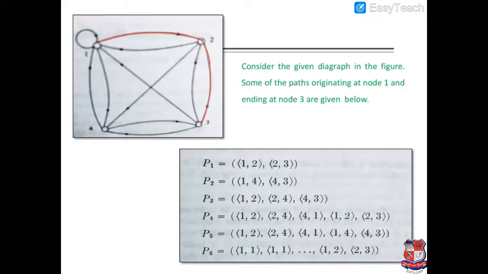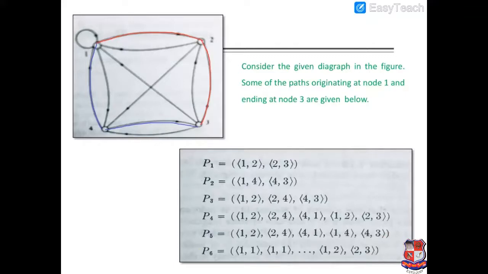Another path is (1,4), (4,3). The next path is (1,2), (2,4) and (4,3). Another path P4 is (1,2), (2,4), (4,1), (1,2), (2,3). The fifth path P5 is (1,2), (2,4), (4,1), (1,4), (4,3), and P6.